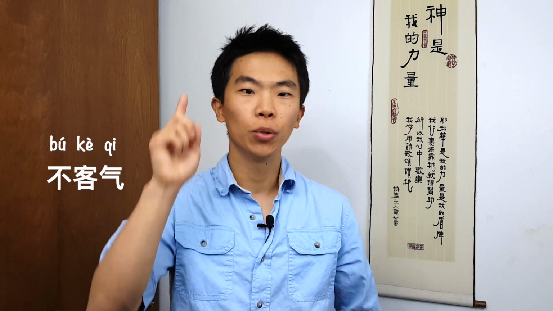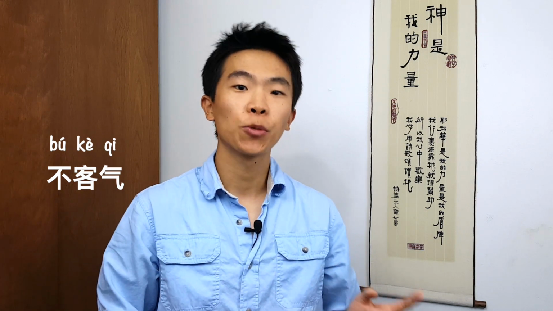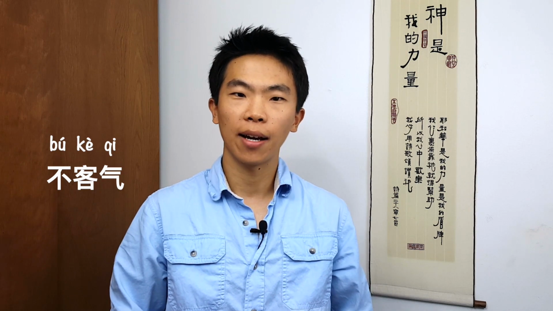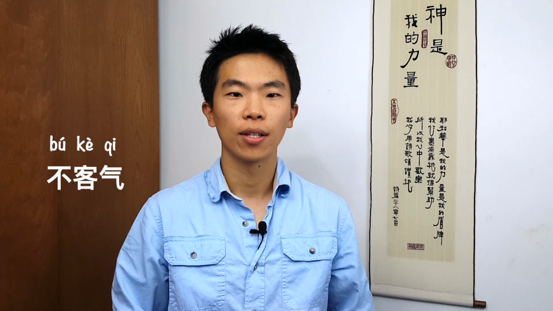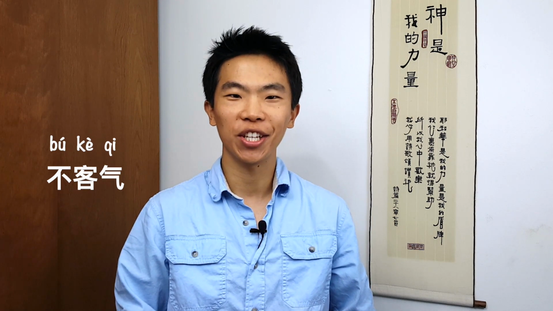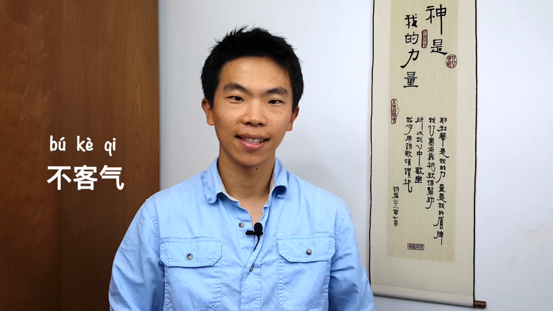So you have 不客. And the last word is 气, spelled Q-I. The Q sound kind of sounds like an English CH, but a little bit tighter. So a CH sound is like chi, chi, and the Q sound is 气, qi.